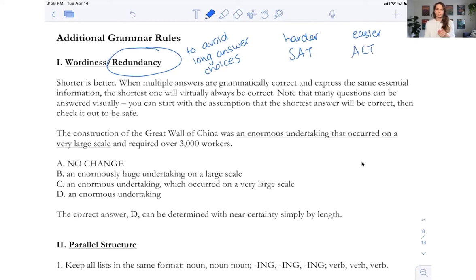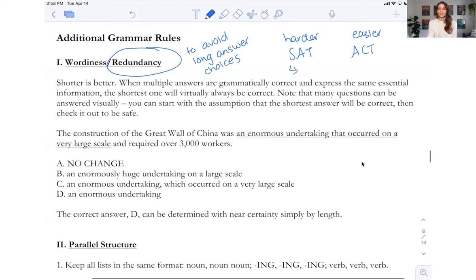Redundancy questions on the SAT sometimes have information that was already mentioned earlier in the paragraph. On the ACT, it will be in the exact same sentence, so it's really clear. Even the underlined portion, it's right there. So you'll be able to see this information is repeated. That's what redundant means. The information's already there. For the SAT, sometimes you really have to go look for it.